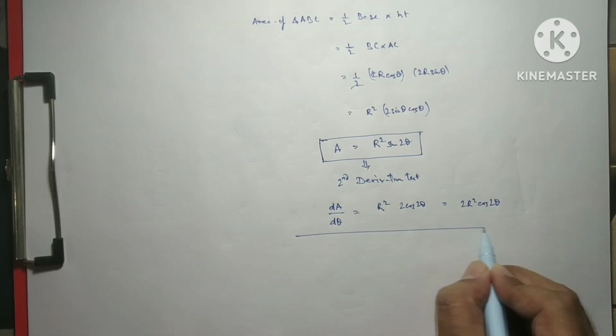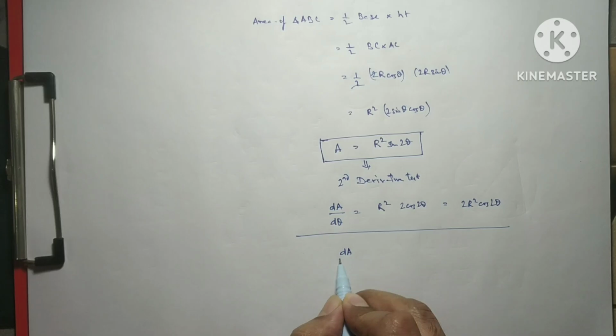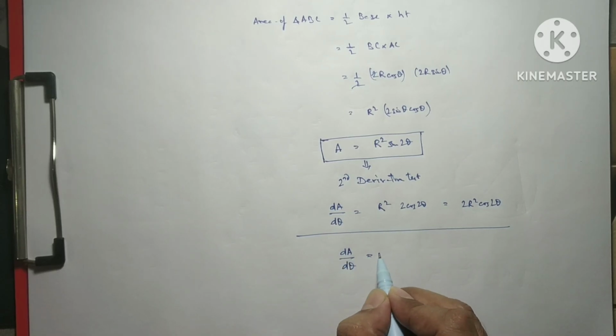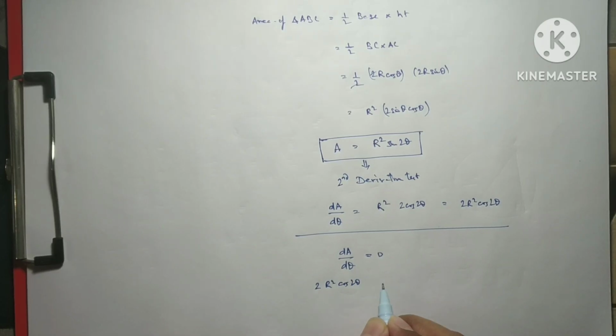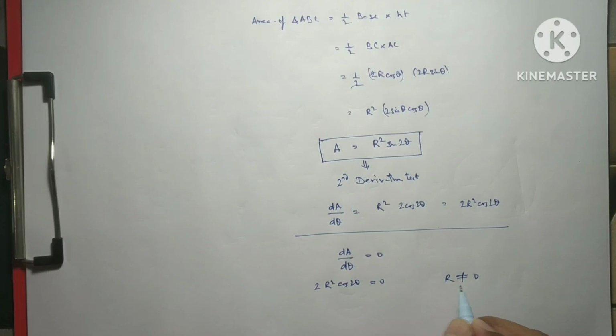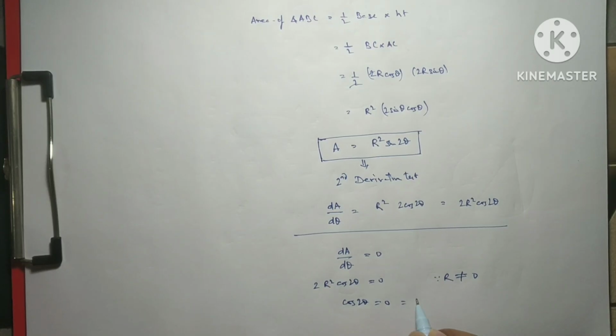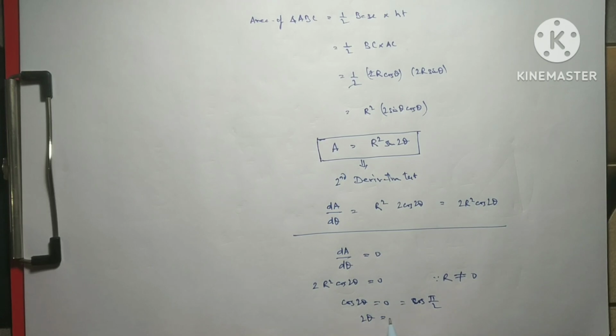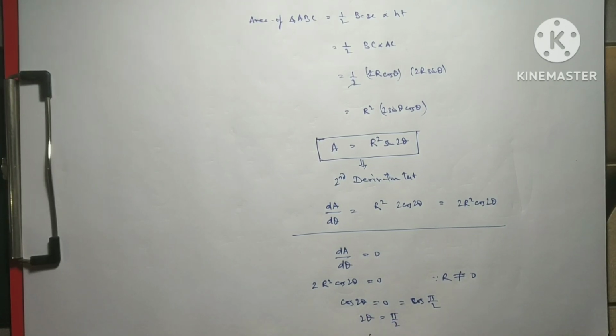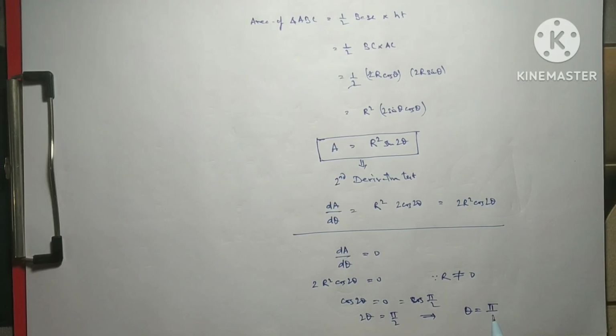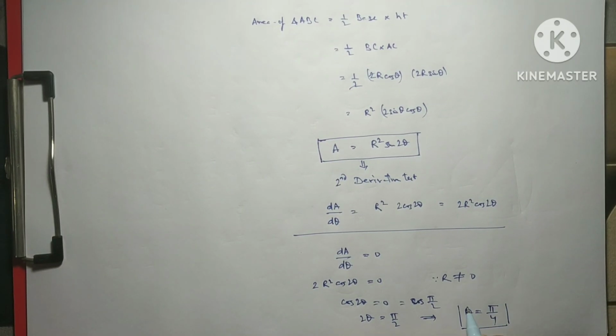On putting this derivative equal to 0, so 2 r square cos 2 theta equals 0, and r can't be 0, so cos 2 theta is 0, meaning cos pi by 2. So 2 theta is pi by 2, meaning theta is pi by 4. So we have the value of theta, that is 45 degrees, or you can say pi by 4.